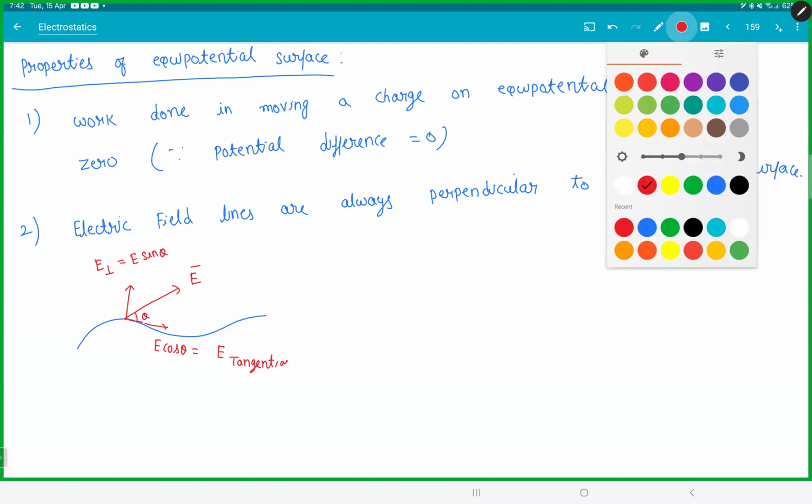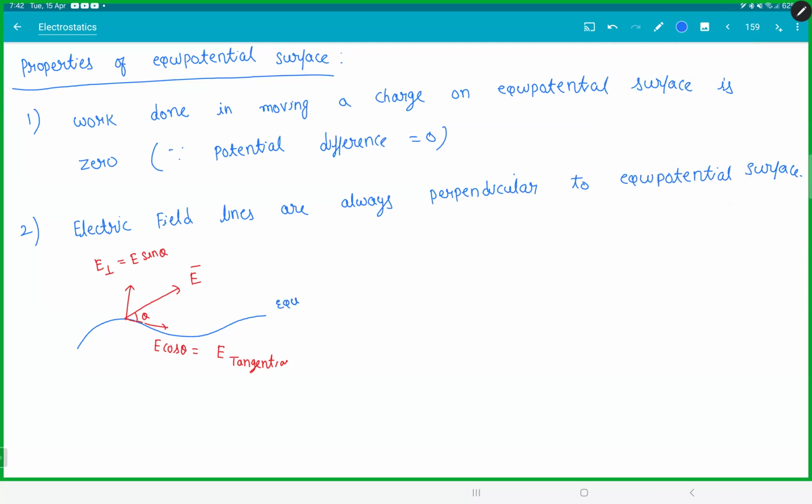Now, if you remember from the argument, in the direction of the field, potential decreases. So if the tangential component exists, suppose E cos theta is there, that means along the tangent, the potential must change. So in the direction of E cos theta, potential changes. But you said it's an equipotential surface.